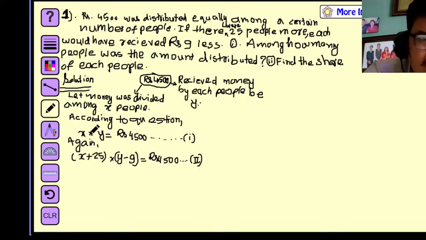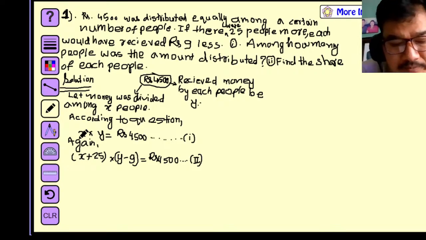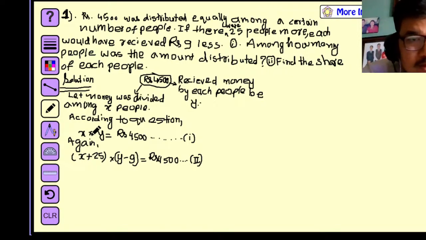From this first equation, we can put the value of x or y in equation 2, or you can simplify. Let's remove this bracket and simplify the second equation first.